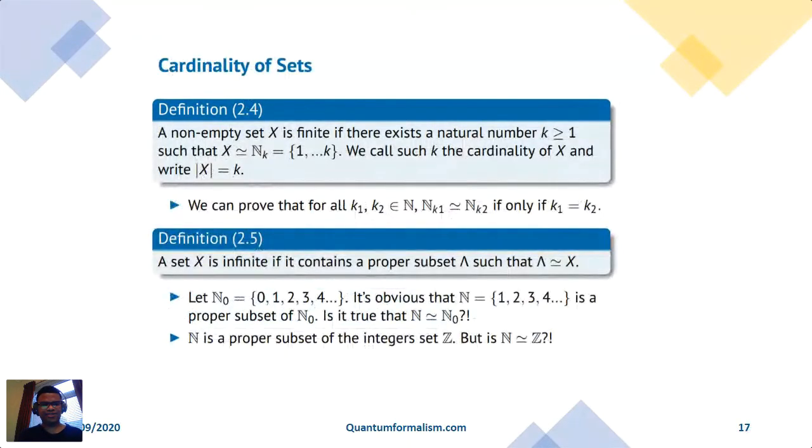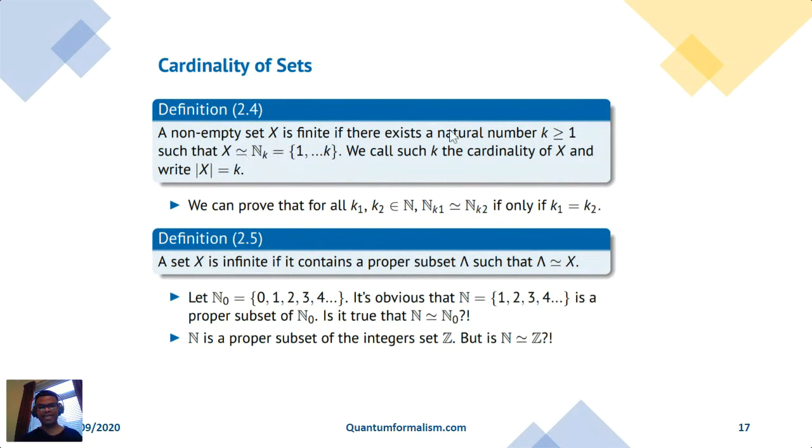The cardinality of sets. So let's look at the definition. The first one: a non-empty set X is finite if there exists a natural number k greater than or equal to 1 such that X is isomorphic to N_k, which is defined as {1, ..., k}. So now you see why we needed the notion of isomorphism.